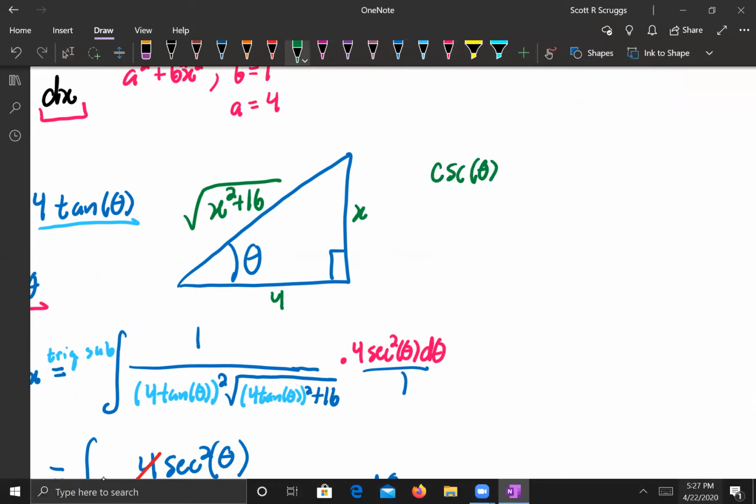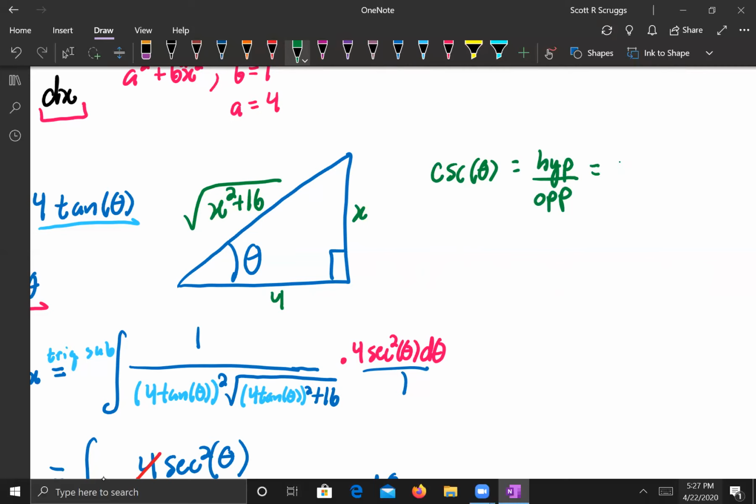And I now need to use that to evaluate cosecant. Cosecant is 1 over sine. And in terms of a right triangle, if sine represents opposite over hypotenuse, then cosecant is hypotenuse over opposite.